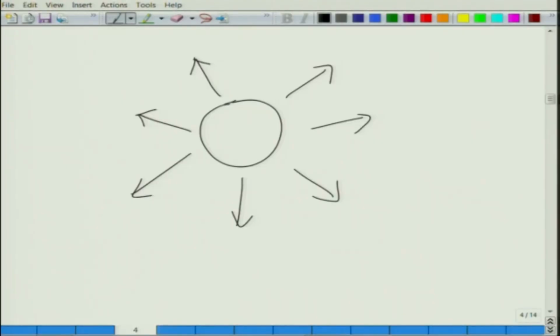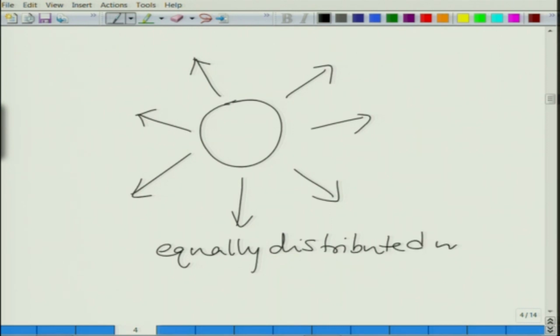And they are equally distributed in all directions. Okay. Now, how much of that total energy that is getting emanated will actually reach Earth, we will see in a minute.